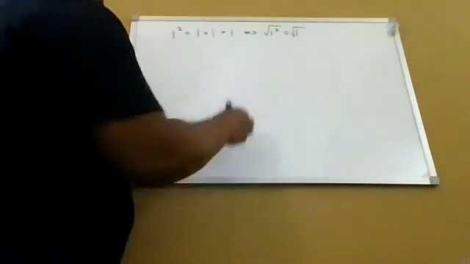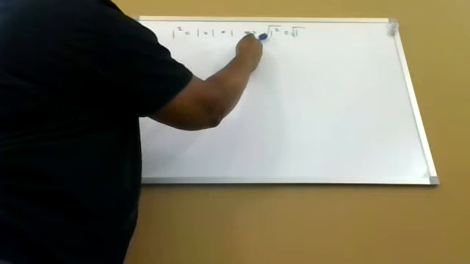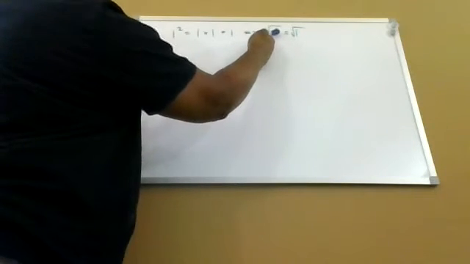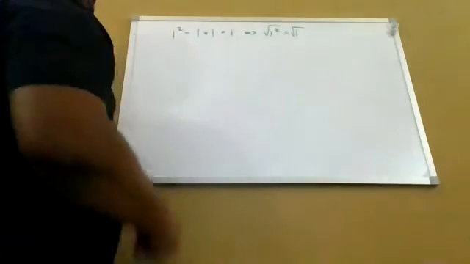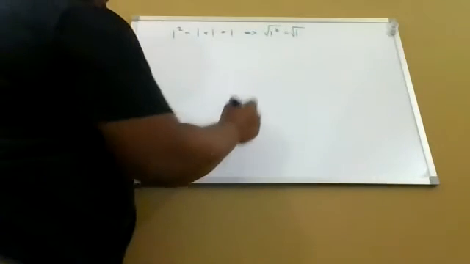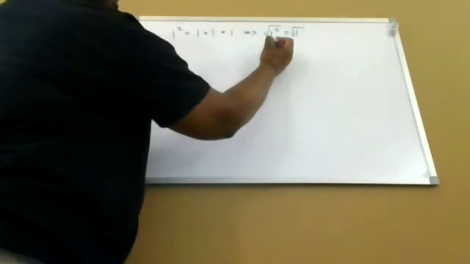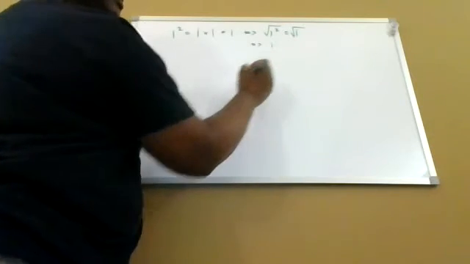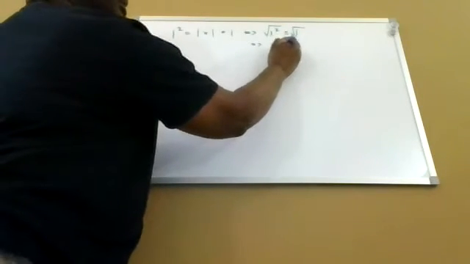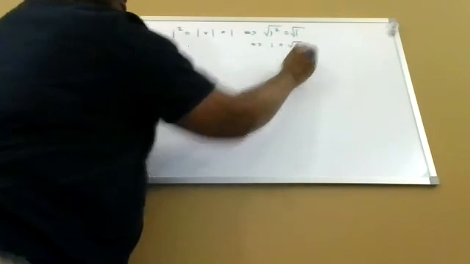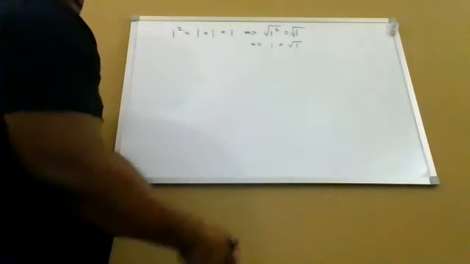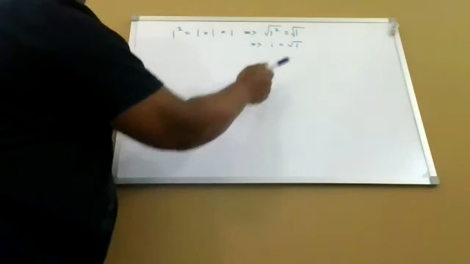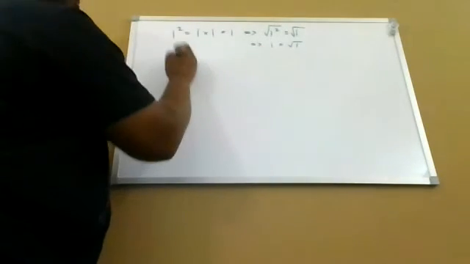And now what we get is the square root sign cancels out the exponent 2, and that leaves you just 1. So 1 equals the square root of 1. Or we could say the square root of 1 equals 1.